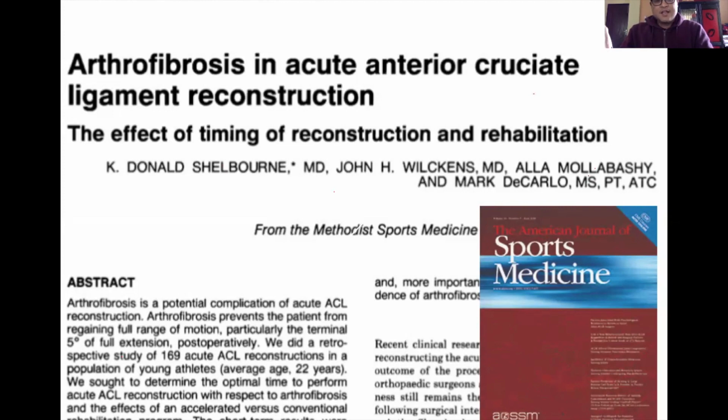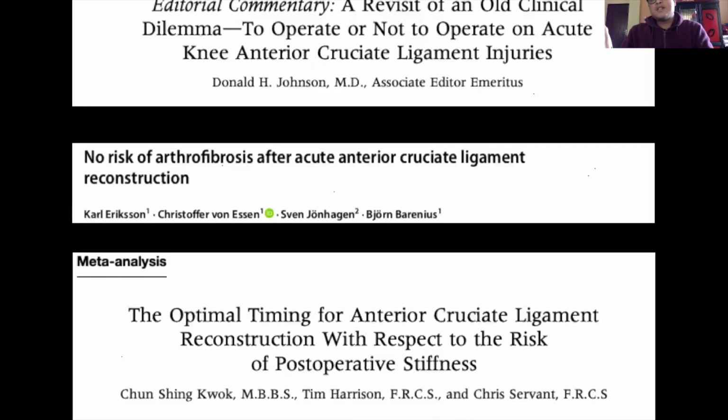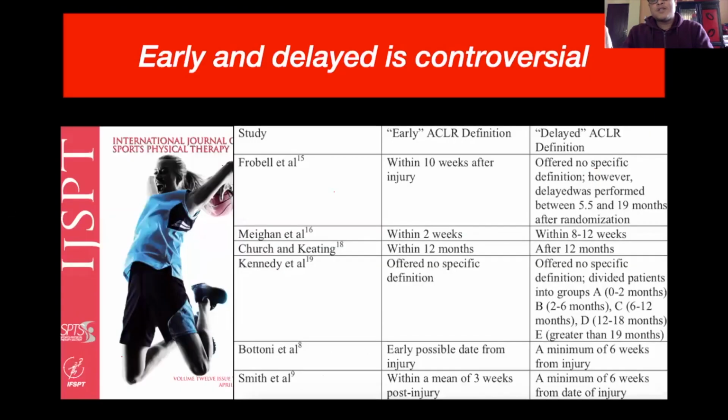But this was published in 1991 when the fixation modalities were not very strong, and post-operative rehab was not very aggressive, and this was a retrospective study of 169 cases only. So nowadays there are multiple studies that have shown that early ACL reconstruction in acute knee injuries is also not associated with a significant increase in risk of arthrofibrosis.